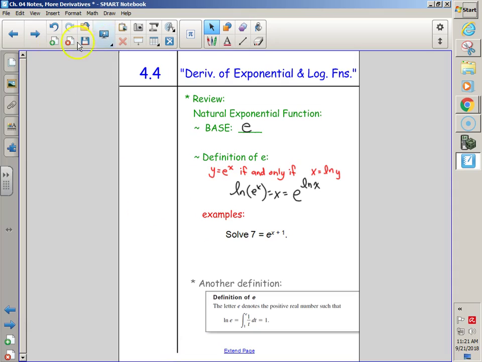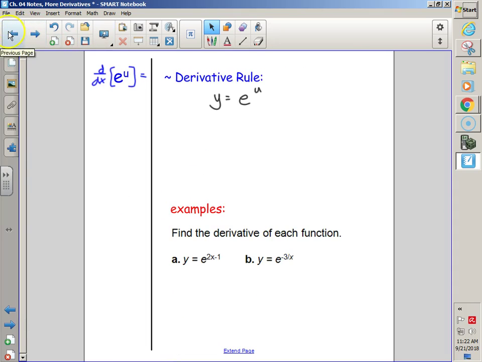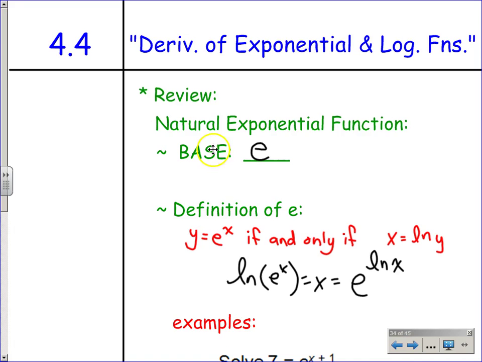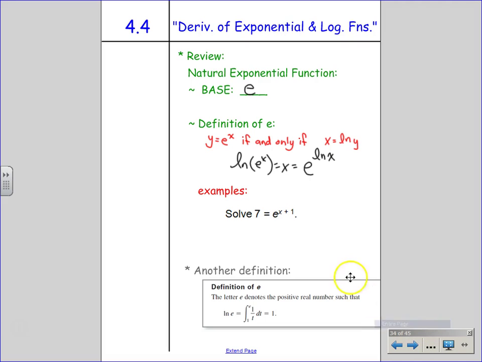Got it. There's some pre-cal going on this page, huh? Not a lot, just a little bit.